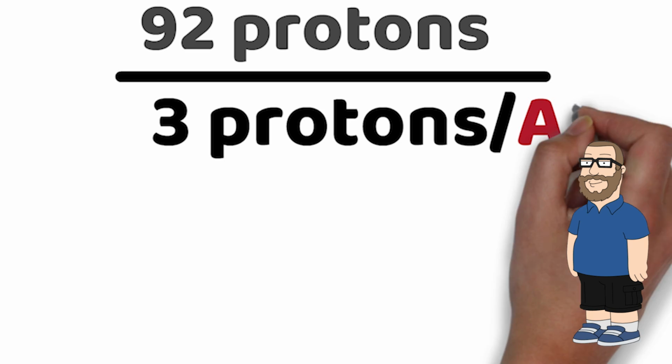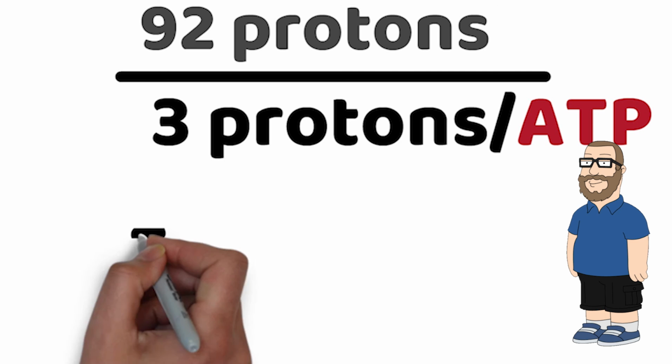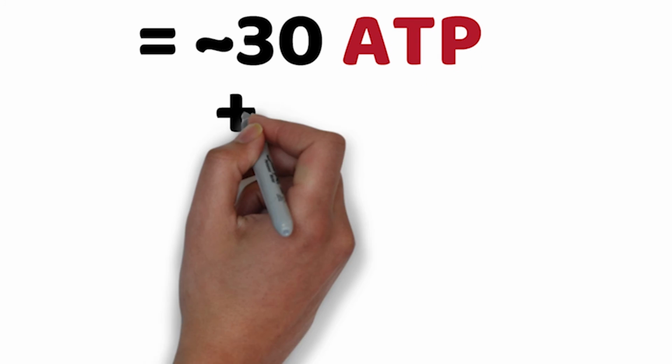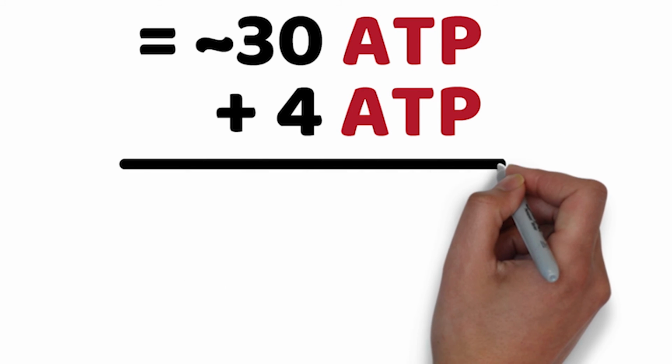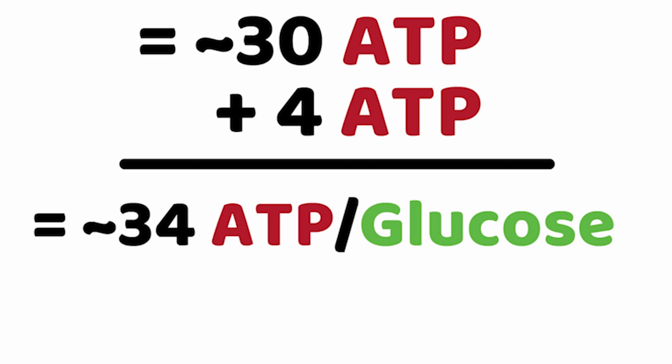Since 3 turns of the ATP synthase yields 1 ATP, that is 92 divided by 3, which equals approximately 30 ATP plus the 4 from glycolysis. So we get around 34 ATP for every glucose.